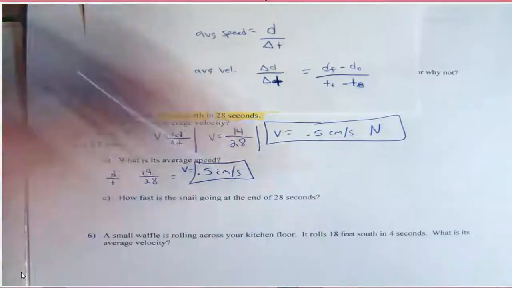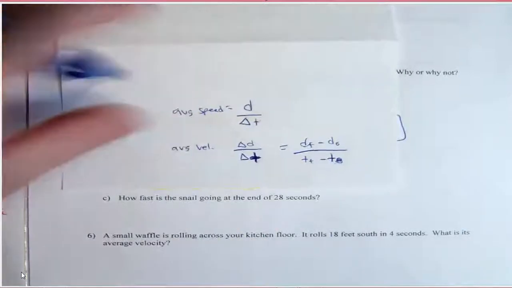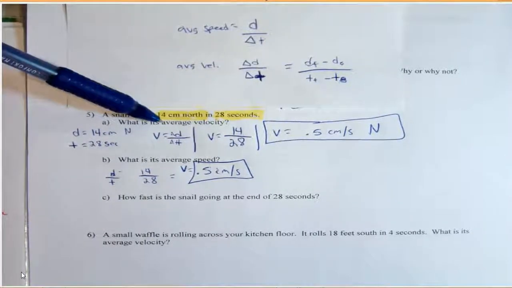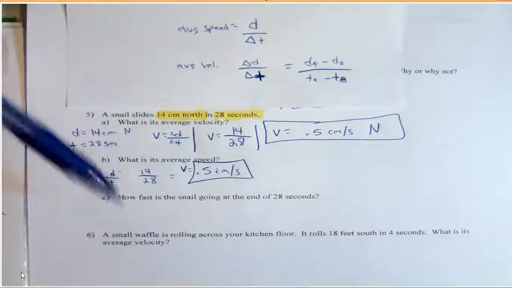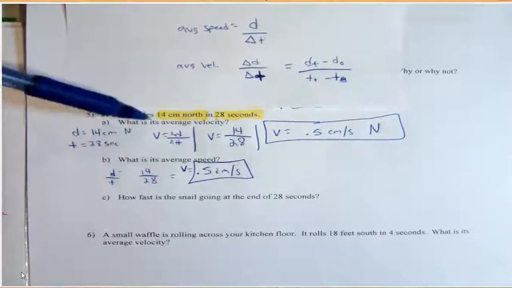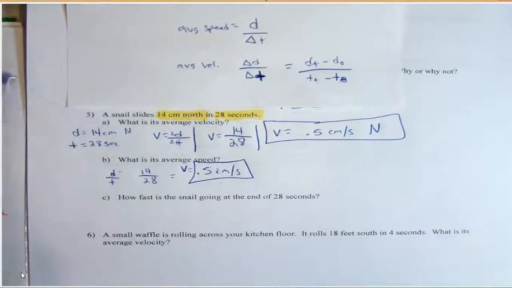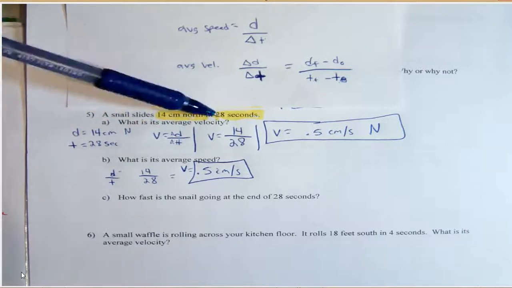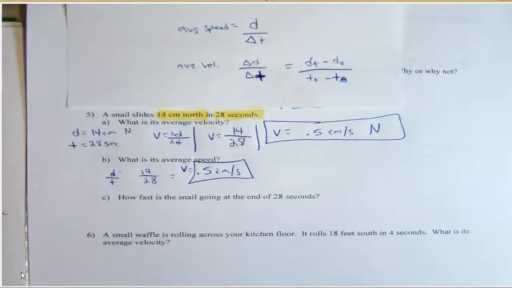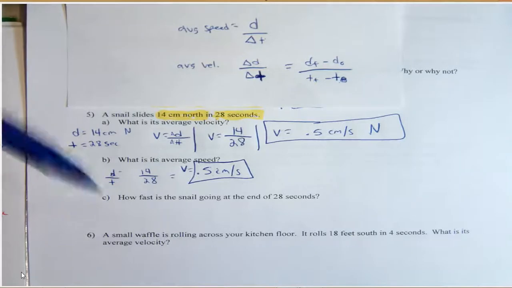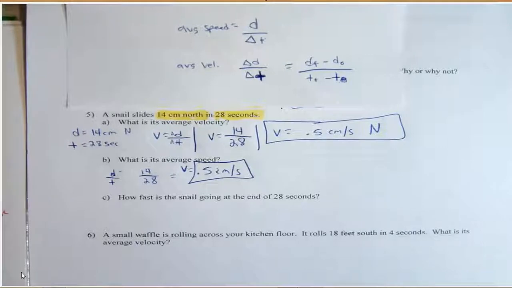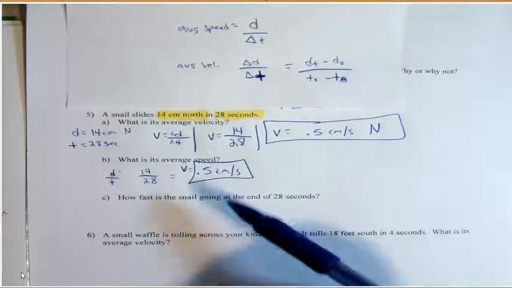Well, let's look at C. How fast is the snail going at the end of 28 seconds? Again, if this is our average, we have no idea. It could have slid slowly for a few seconds and then started sliding down a hill, and at that 28 seconds, it was going really fast. It could have slid really, really fast and then started sliding up a hill at like 26, 27, 28. In that case, maybe it's going really slow. So again, we don't know.